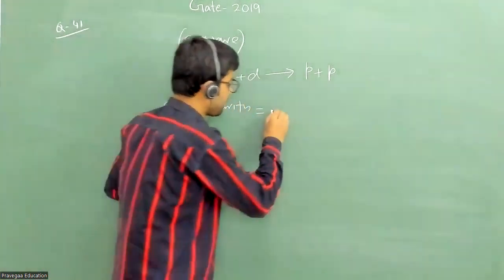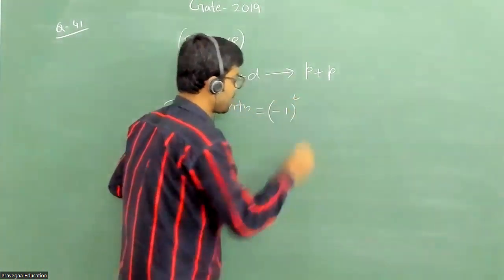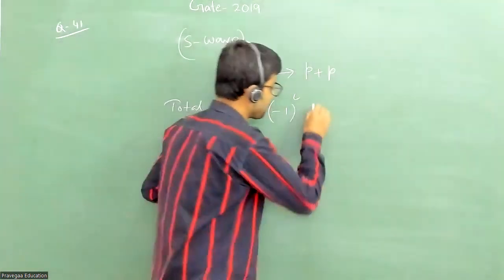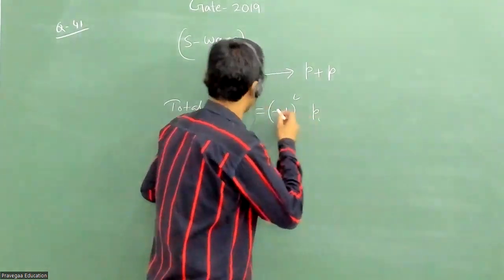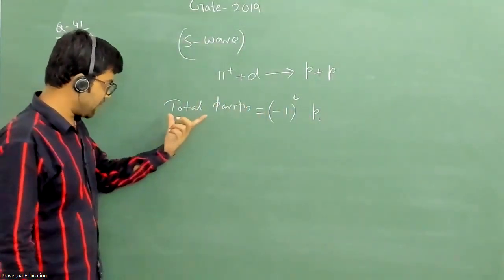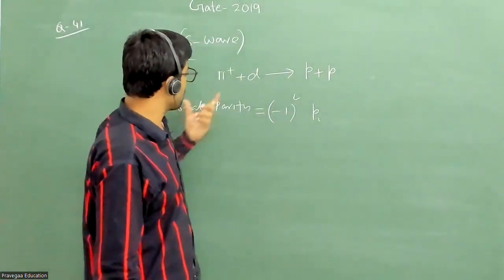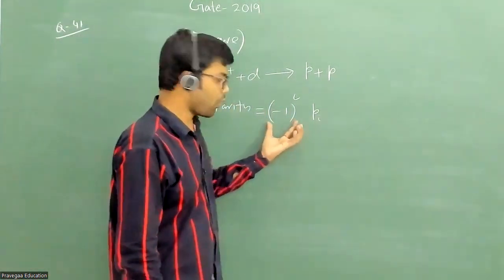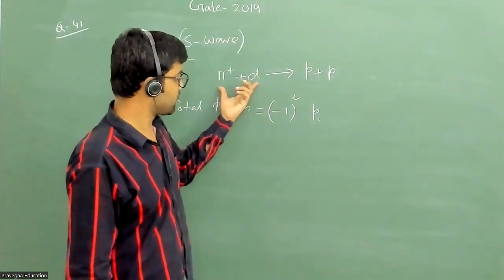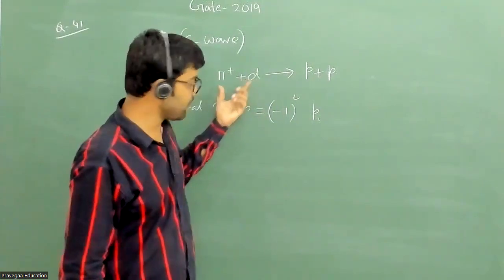That will be defined as minus one to the power L, where L is the relative angular momentum of the left hand side, and then the intrinsic parities. So this is the orbital part, (-1)^L.